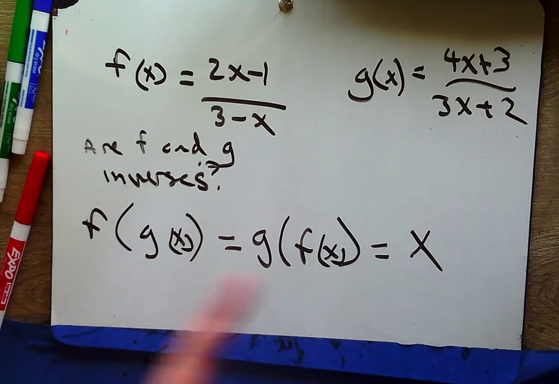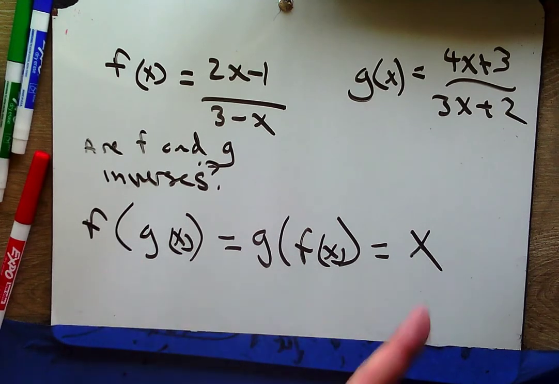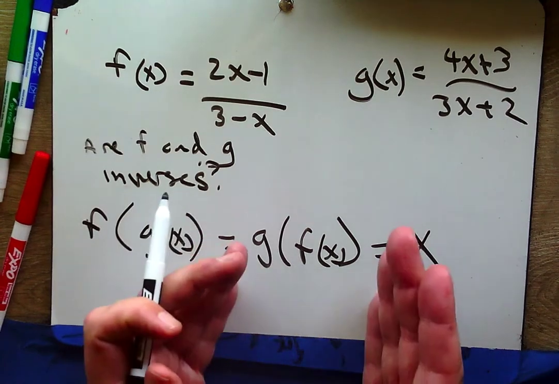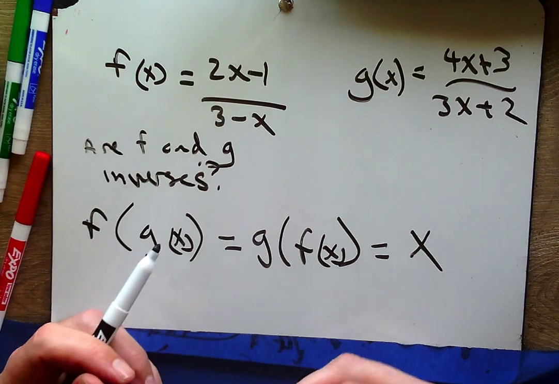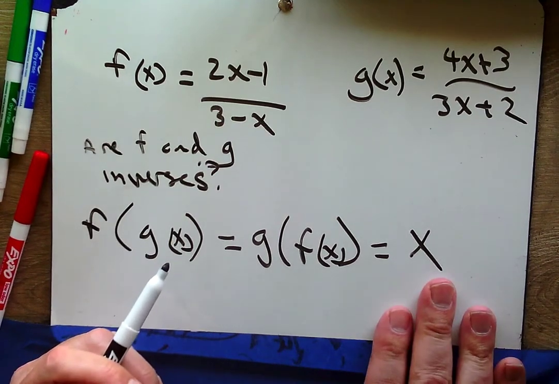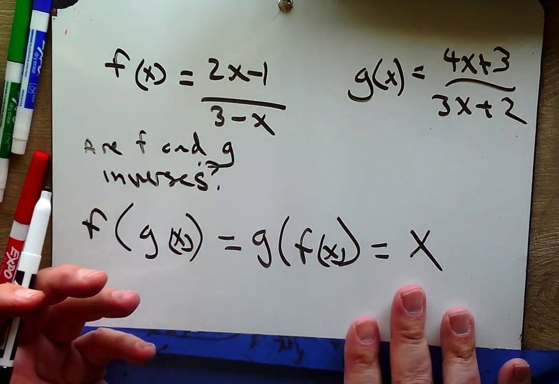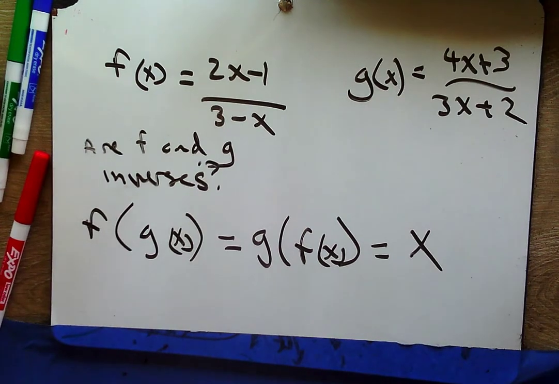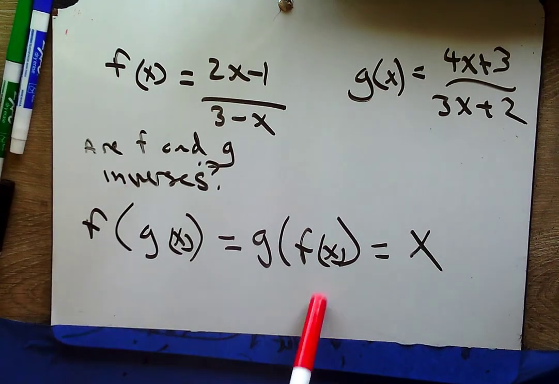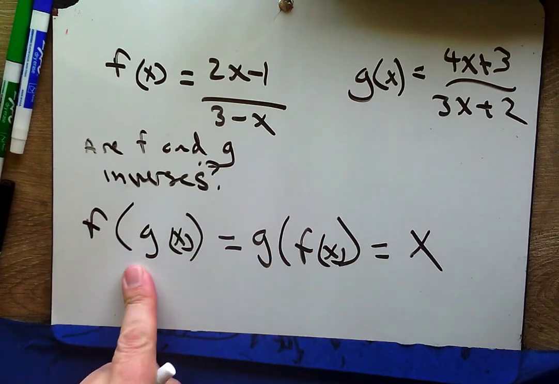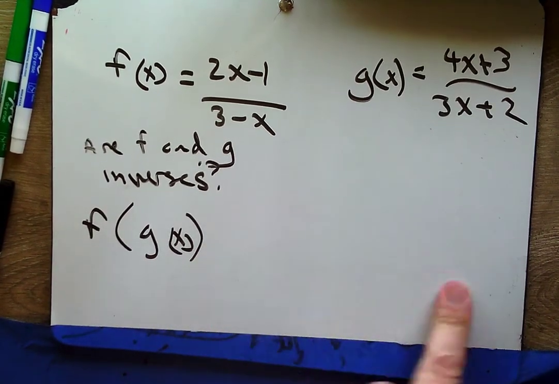So will you do one of these and see if you get x? And maybe some of us will do this one, and some of us will do this one, and we'll then be able to determine whether we both get x, if one of them gets x, or if neither of them gets x. Okay? So try one of these. I'm going to start with this one first when you come back.